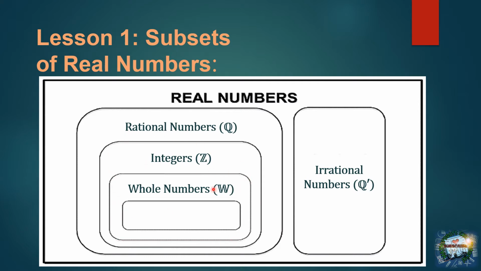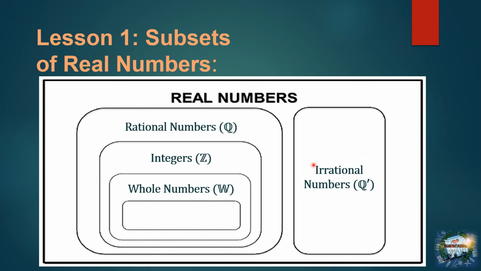So meaning, whole numbers are elements of integers, and integers are elements of rational numbers, and rational numbers are elements of real numbers, as with irrational numbers, di ba? Sabi nga natin kanina, ang subsets ng real numbers ay yung pag-aaralan natin, and that's rational numbers and irrational numbers.